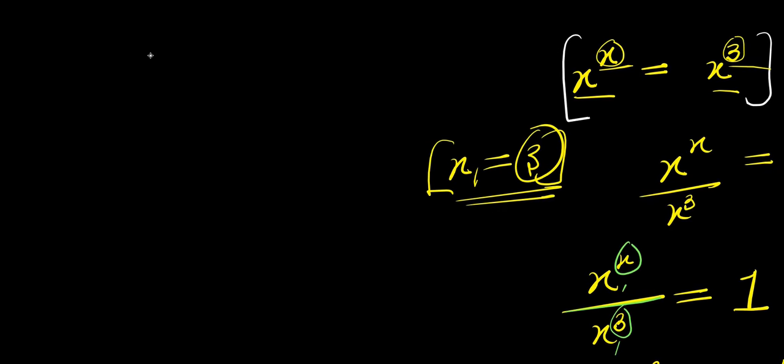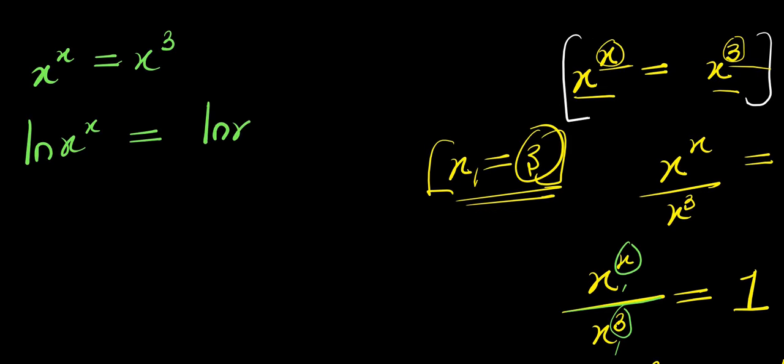Now, those are the two values we have gotten using this method. Let's try this other method again. X power x equals x power 3. I apply natural log. I have natural log of x power x equals natural log of x power 3. And remember, natural log a power b equals b times natural log a.